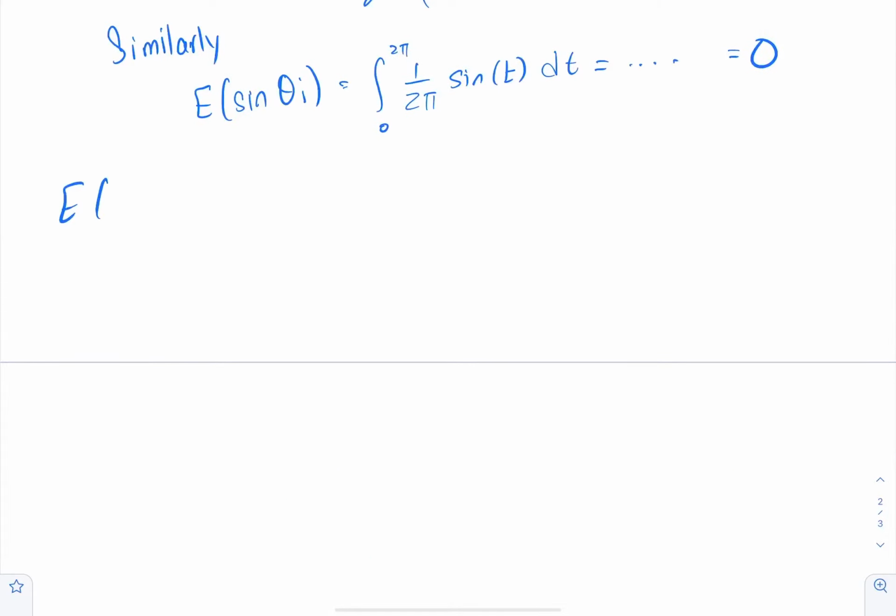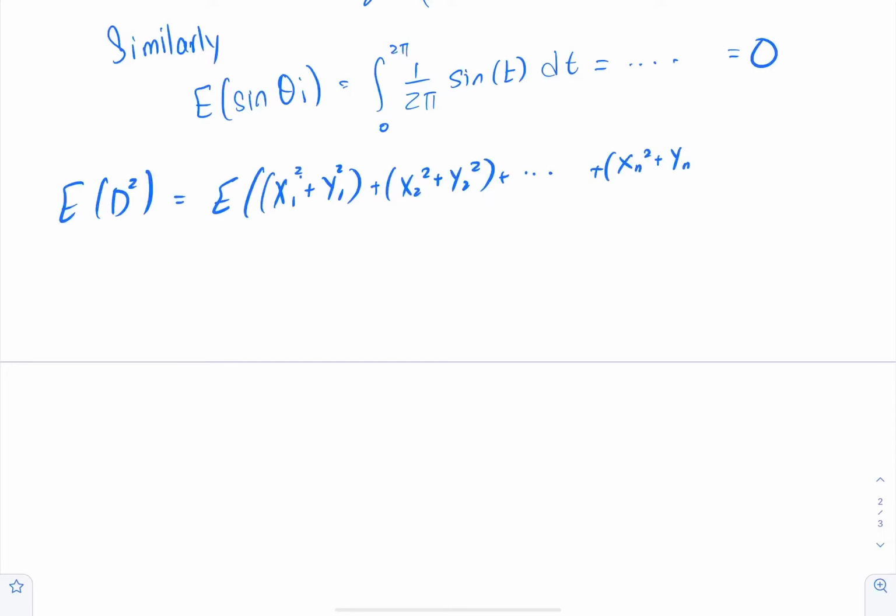So the expectation of D squared was the expected value of x1 squared plus y1 squared plus x2 squared plus y2 squared plus up to xn squared plus yn squared, plus the sum over i not equal to j of xi xj, plus the sum over i not equal to j of yi yj.